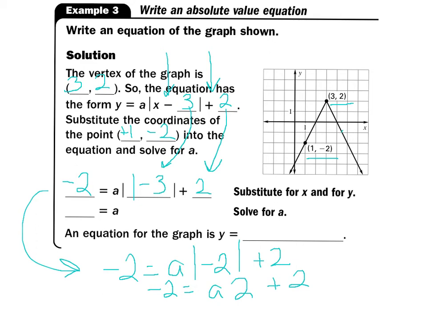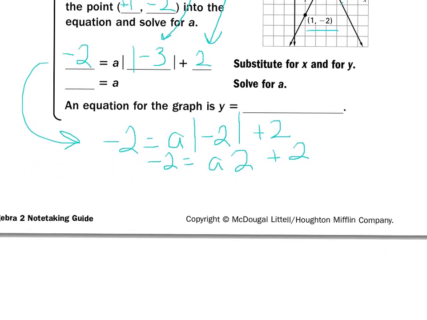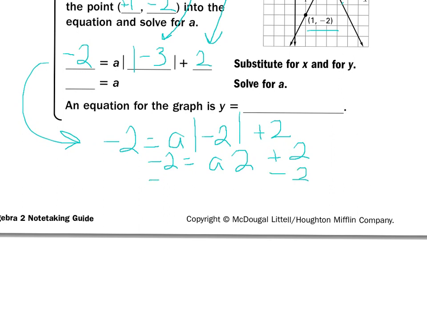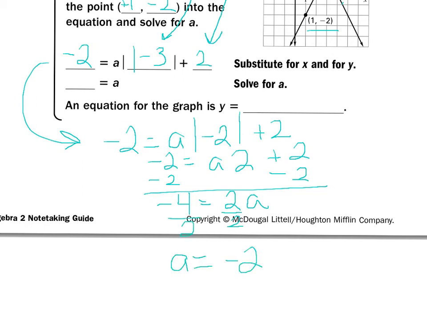Subtract 2 from both sides. Minus 2, minus 2. I have negative 4 equals 2a. Divide by 2. So a equals negative 2.